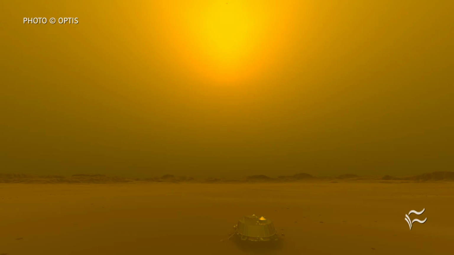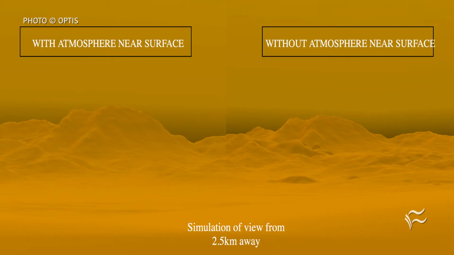And finally, there is the atmosphere of Titan that has a very thick haze, but on the surface layer it's quite thin, and we have good visibility, actually, contrary to what we could think. And this haze layer allowed us to see how the light from the distant mountains and the lake bed rims is attenuated and loses its contrast because of this haze layer and the atmosphere in general.